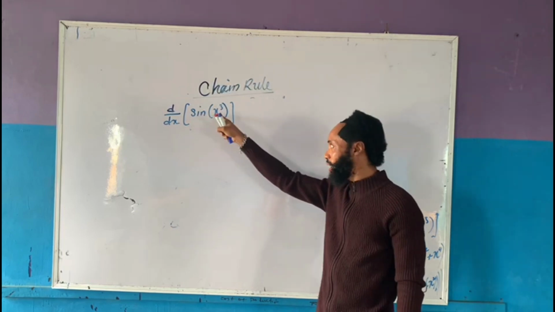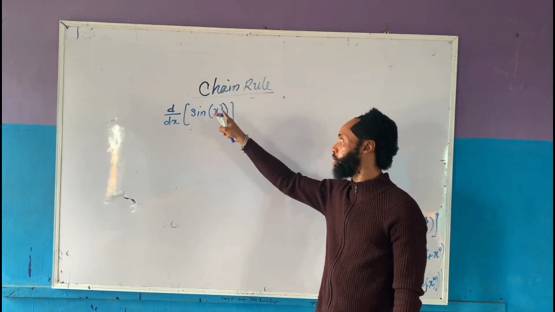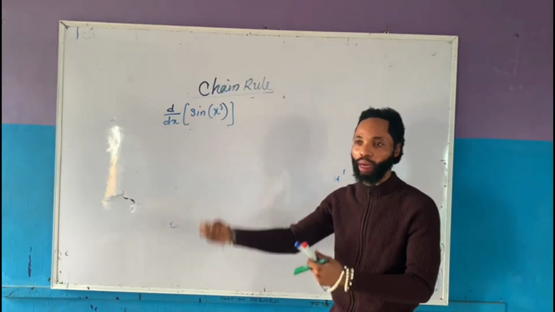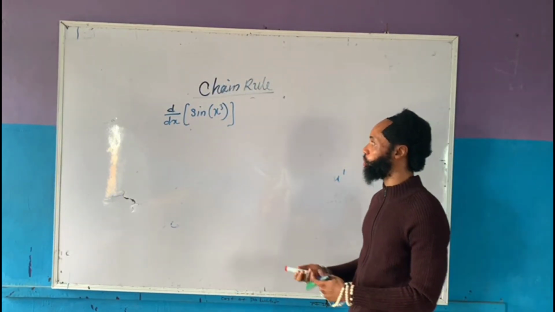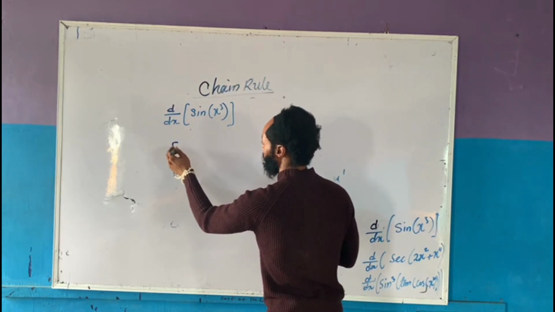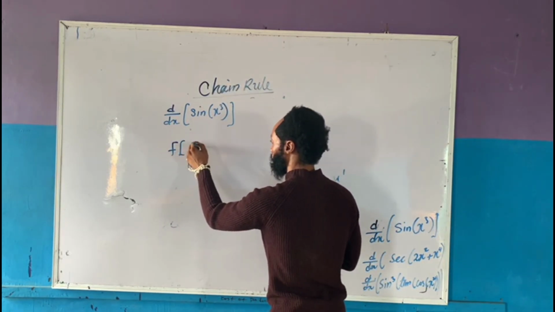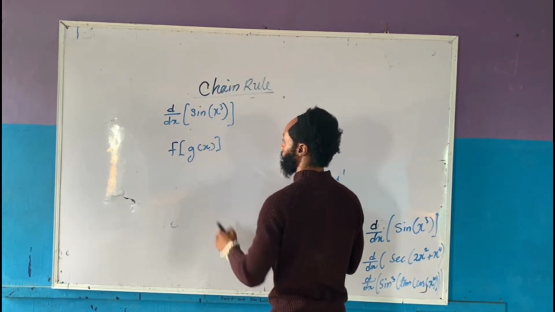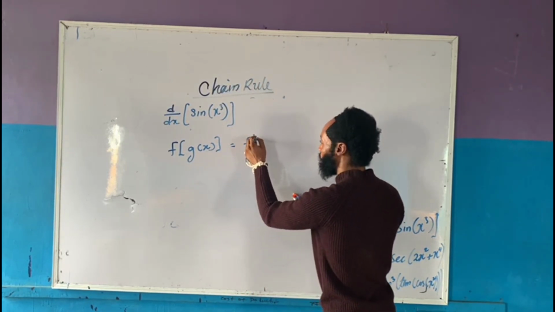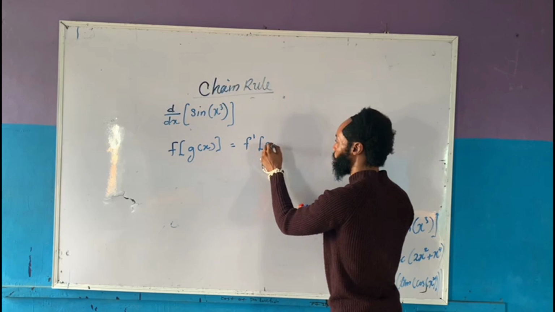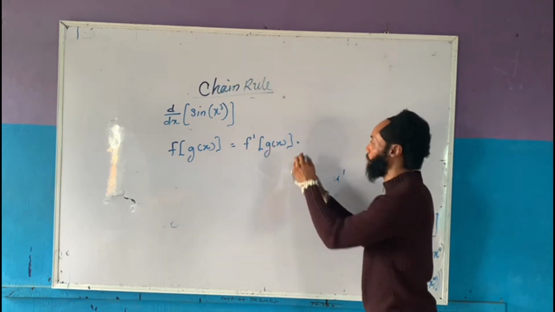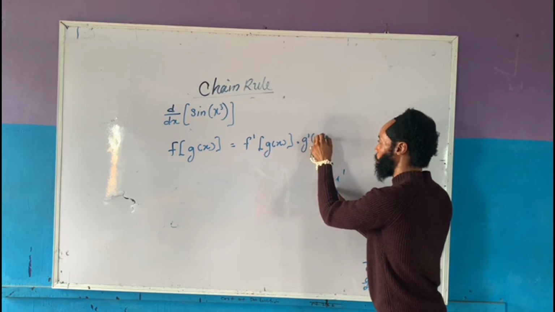Alright, this is the general case. We have a function inside another function. You generally start differentiating from the outside to the inside. It's like saying we have f of g of x. How do you differentiate this? It is f prime of g of x times the derivative of what you have inside, g prime of x.